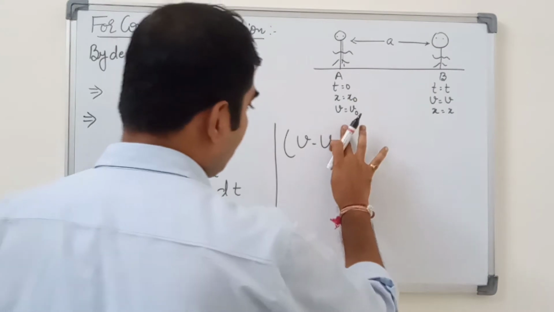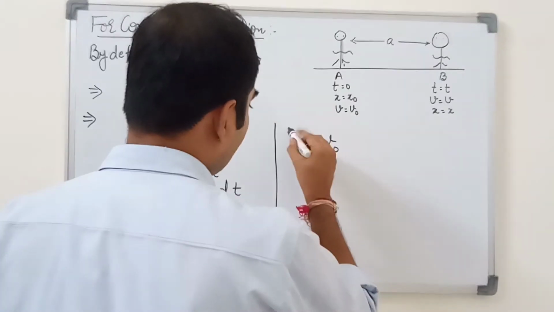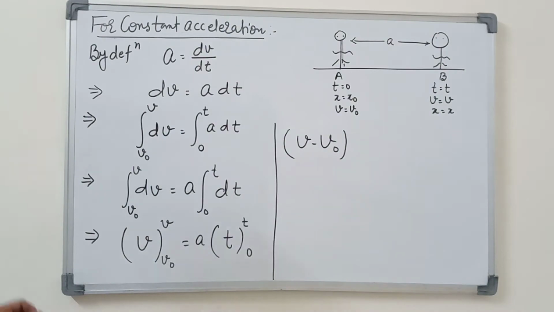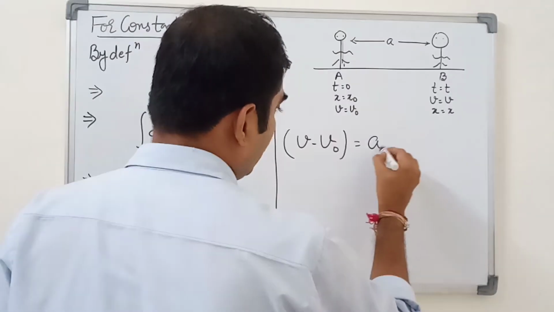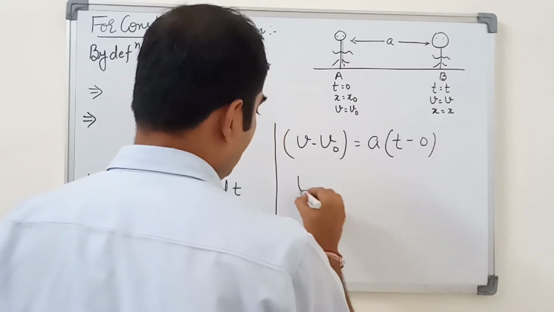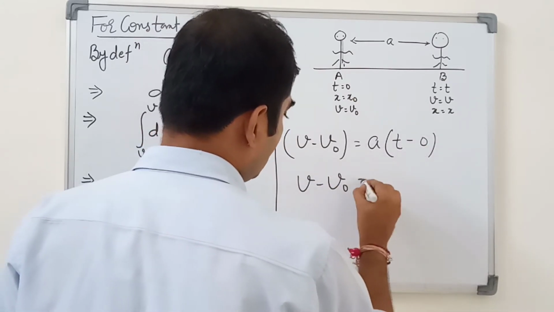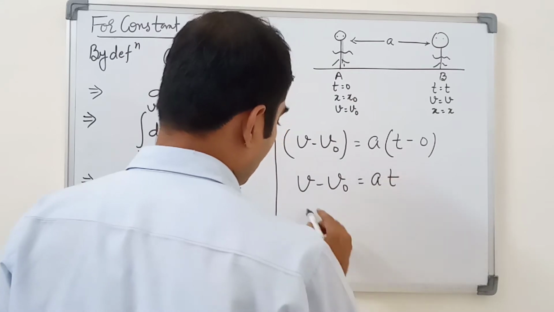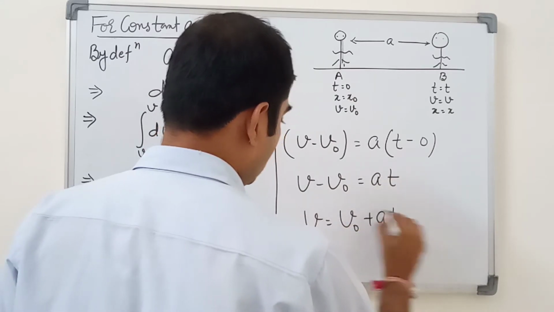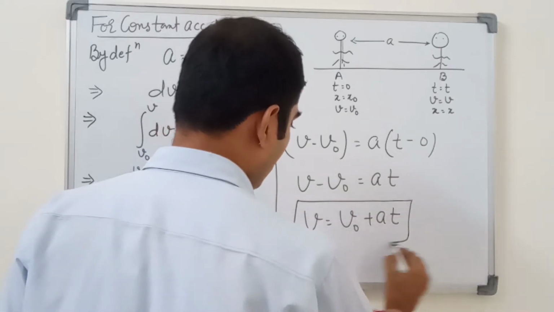This is equal to a times the upper limit t minus 0. So v minus v naught is equal to at, and v is equal to v naught plus at is the first kinematic equation.